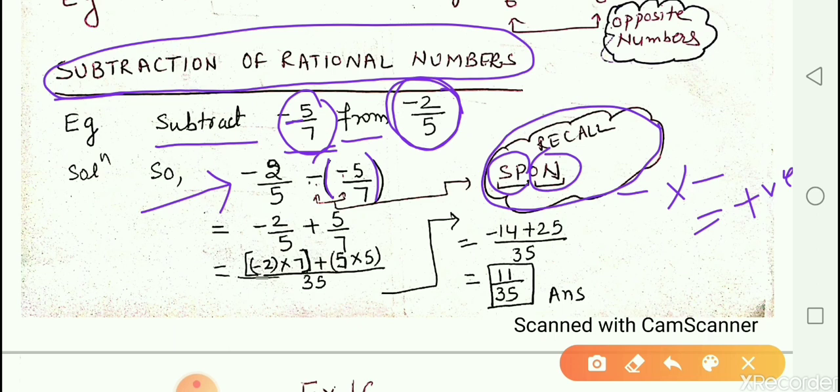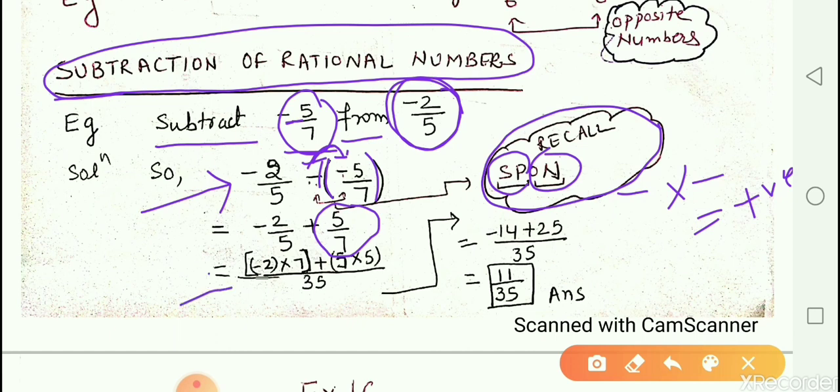If we multiply opposite signs, we will get the answer as negative. This we have learned in class 7, and the same knowledge we are applying here. Here the negative is multiplied by a negative. There is basically a negative 1 here. So negative 1 multiplied by negative 5 upon 7 will become positive 5 upon 7.